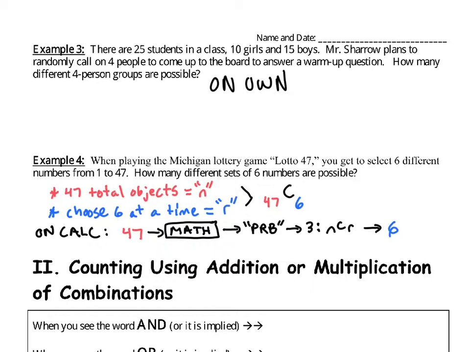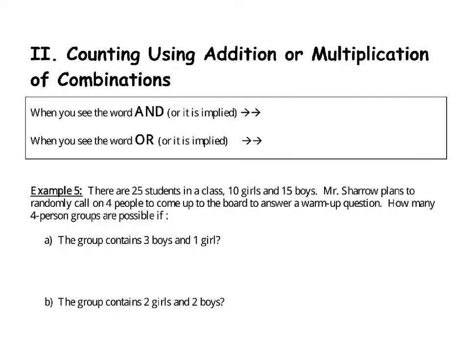On your home screen, this would appear as 47 nCr 6, and then you hit enter, and up pops your answer. How many different sets of 6 numbers are possible in this scenario? Well, we have about 10,737,573.